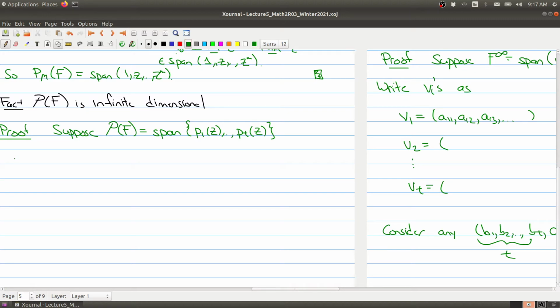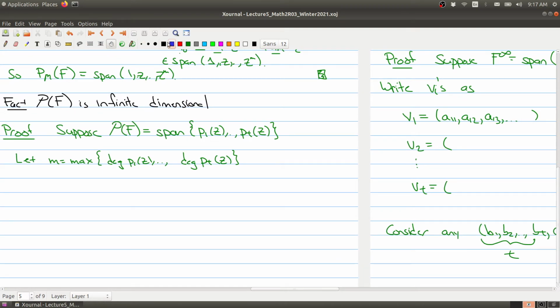Now what we're going to do is let m equal the max of the degrees of p1(z) all the way up to pt(z). So look at each of these polynomials, figure out what their degrees are, and let m be the largest degree that appears. Okay. Now what are we going to do with this information?